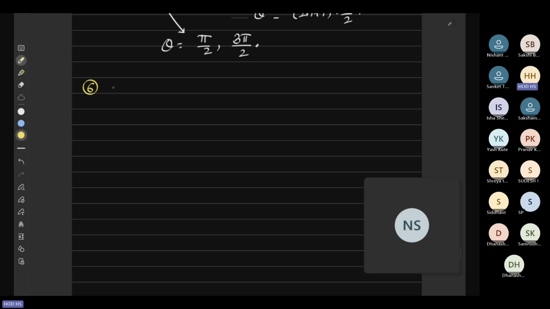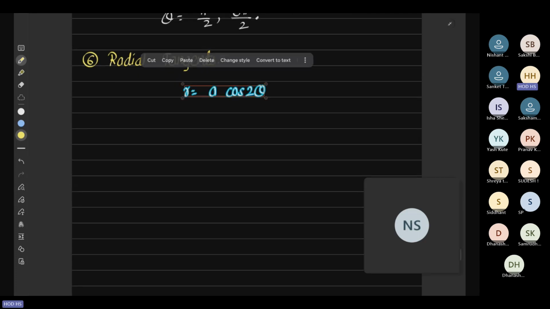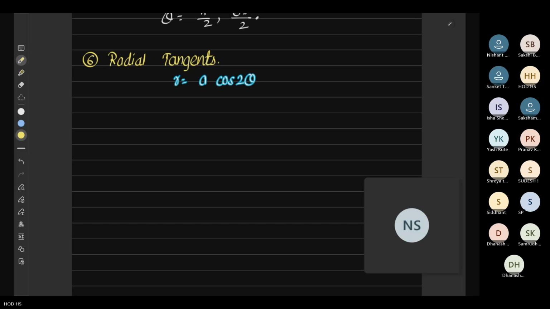So radial tangents or tangents with given vectors. Again, start with the given equation. Notice that we calculate the angle between radial vector and tangent vector as tan phi is equal to r into d theta by dr. So we want to arrive at this equation.